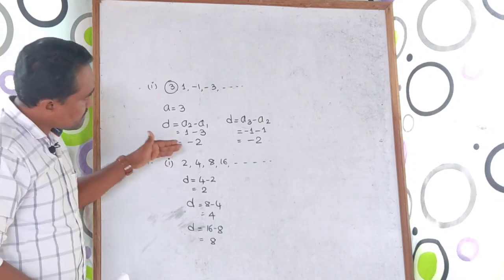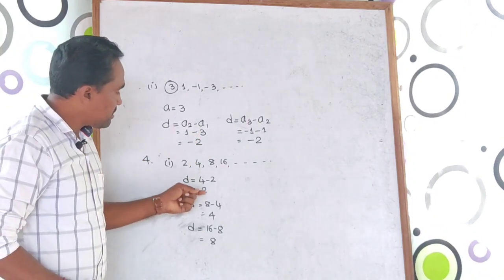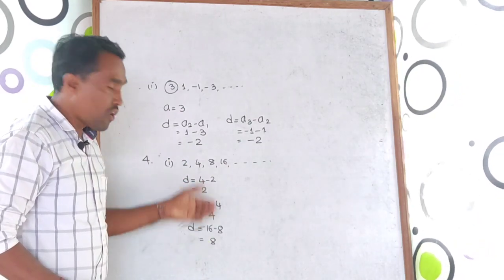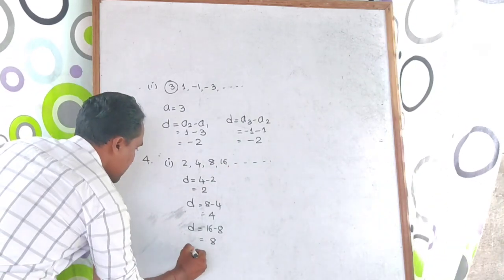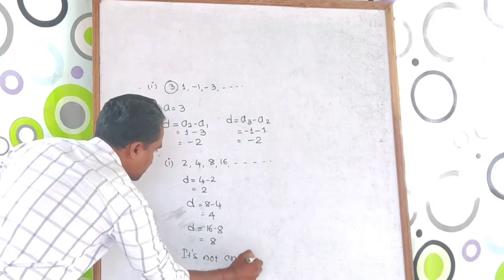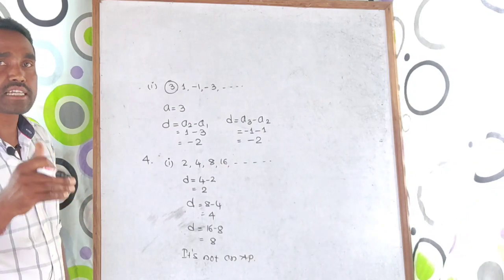So in this list of numbers, we have common differences as 2, 4 and 8. All the common differences are different, therefore it is not an AP. That's all. If it is an AP, then find the next 3 terms.